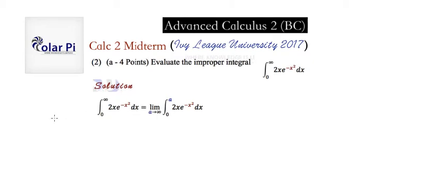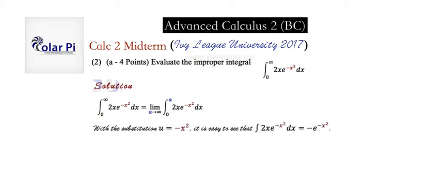So we start in this manner, and this integral is easy enough to deal with if you just do basic substitution, aka u substitution, letting u equal negative x squared. Because I have a lot of videos on u substitution, I didn't think it was a good place here to show you how to do that.